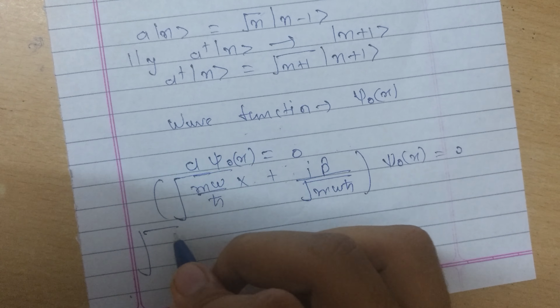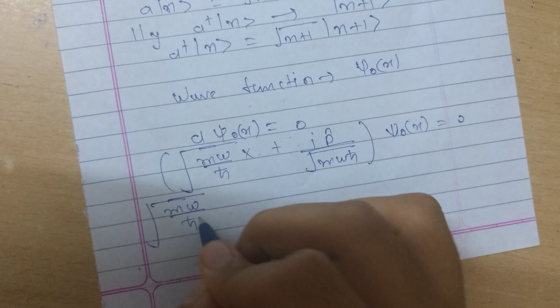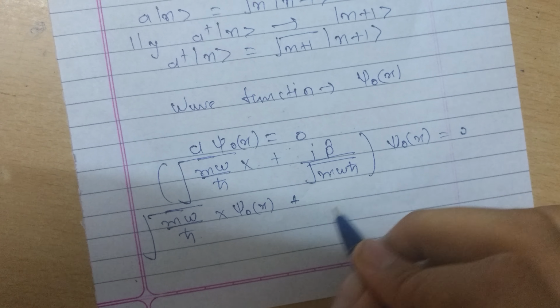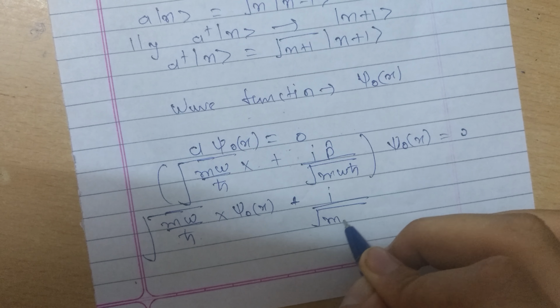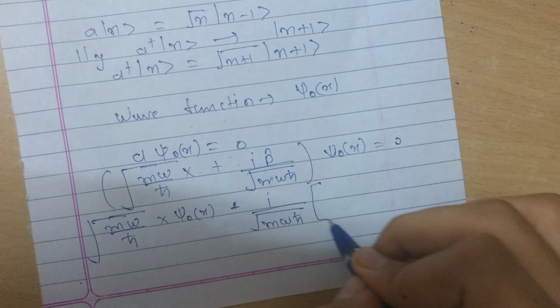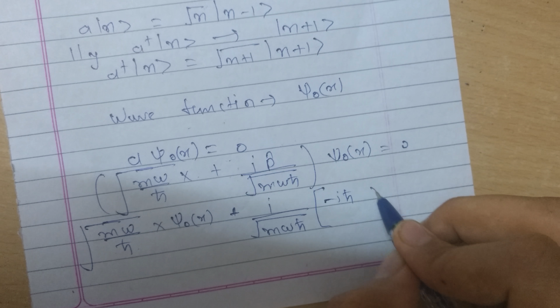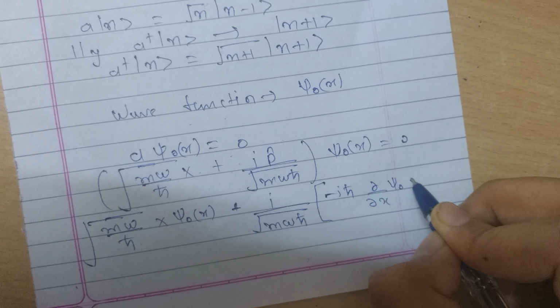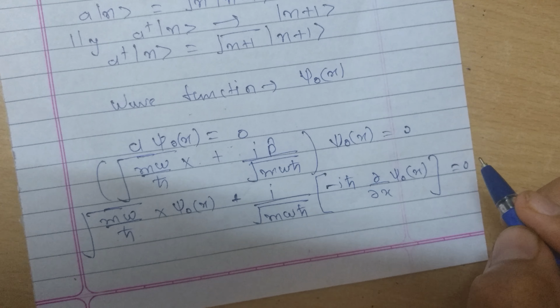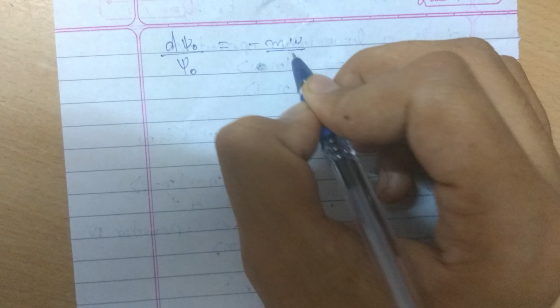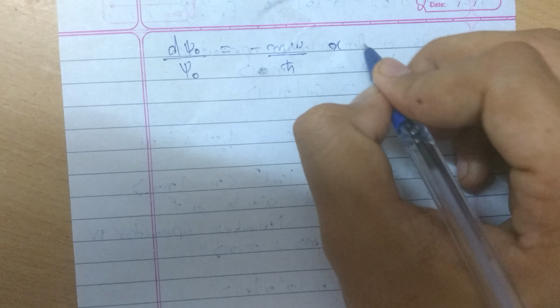Now the value of p̂ is minus iħ ∂/∂x acting on ψ₀(x), equal to 0. Simplifying that equation, we get dψ₀ by ψ₀ is equal to minus mω/ħ x dx.